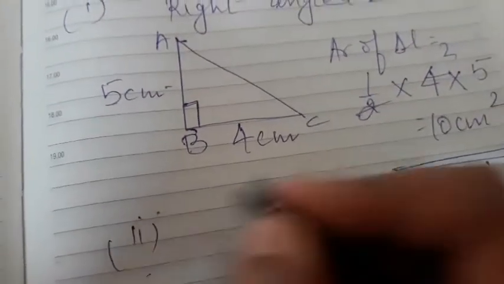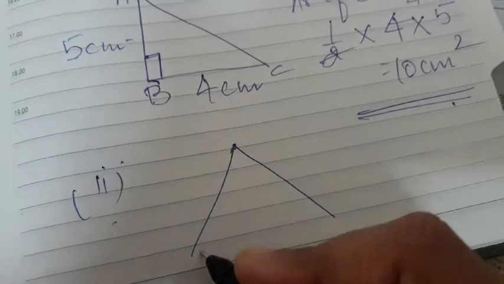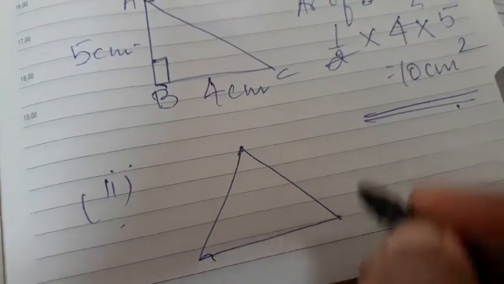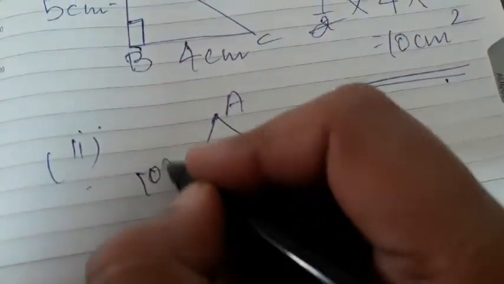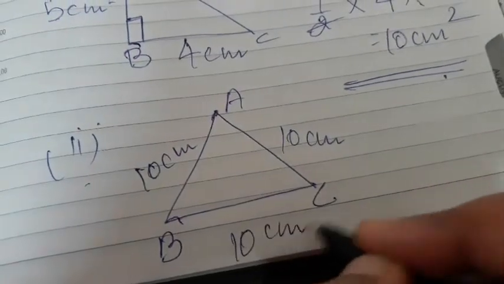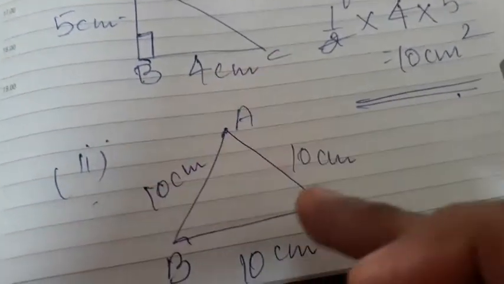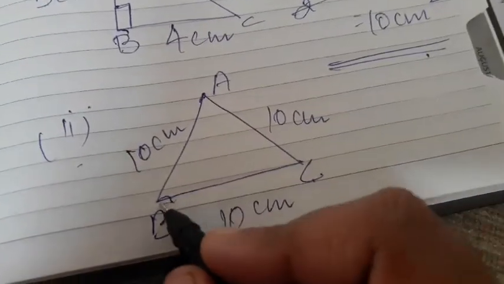Fine. Now considering another triangle, a triangle which has all the three sides equal, that is an equilateral triangle ABC. Now let us suppose that this is 10 centimeter, 10 centimeter and 10 centimeter side. Now because the three sides are equal, you only have the base here. This is the base.